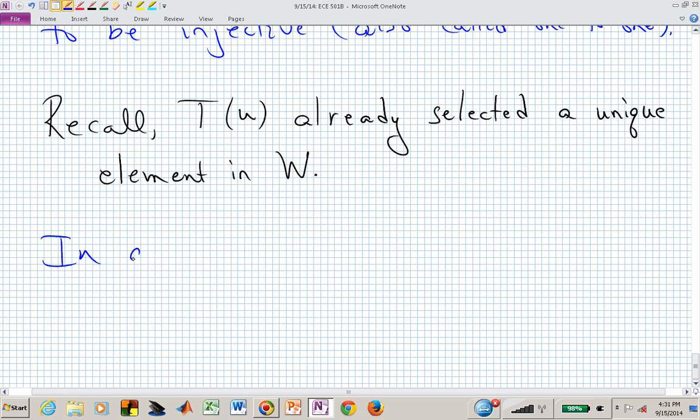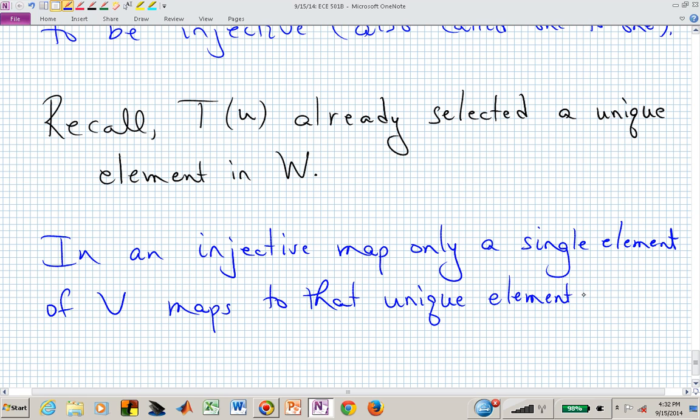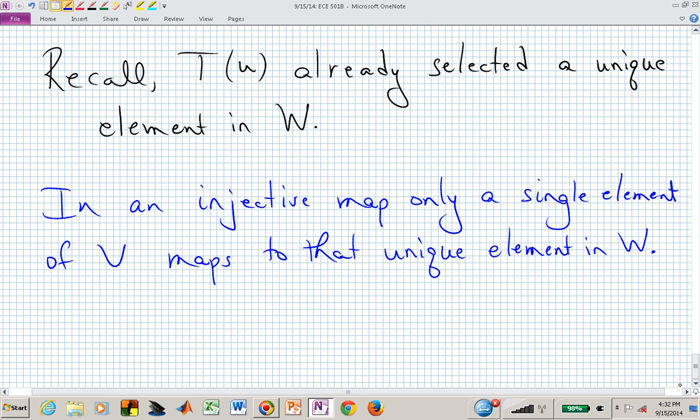Now, in an injective map, only a single element of V maps to that unique element in W. Meaning you can't be in this domain at two different points, go through this linear map and end up at the same location or vector in your codomain.